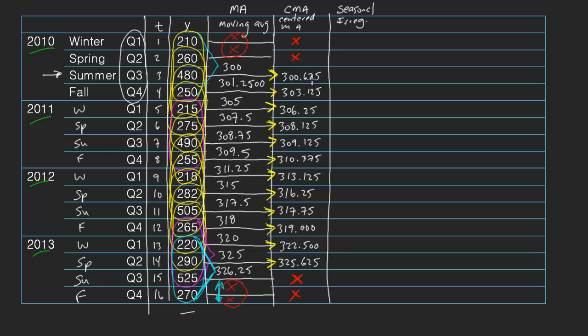So what are we supposed to do with this? Well, we want to measure how close is the actual value to the expected value. And we're not going to do any addition or subtraction. We're not going to see what the difference is. Instead, we're going to do this as like a percentage. So this is how it works out. Your seasonal irregular is going to simply be your actual y value divided by your centered moving average.